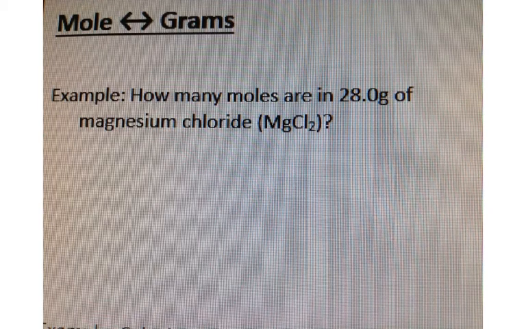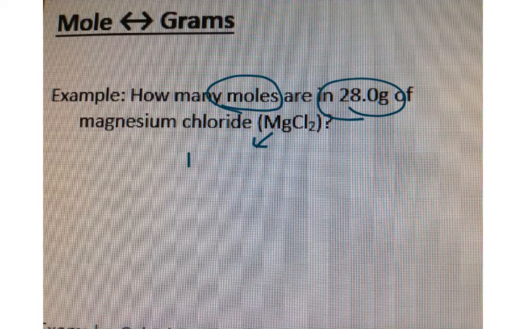So in order to do a problem, what you need to understand is we're going to do proportions again. When I am asking you to go, for example, between moles and grams, I am going to set up a relationship between my unknowns and my knowns of my molar mass. So, very first thing you ever need to do if you are given a grams problem is find out the molar mass of the substance that you are talking about.